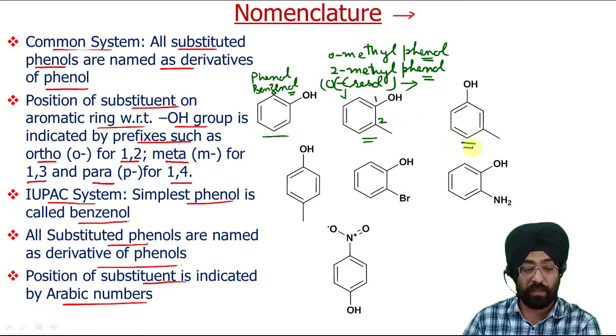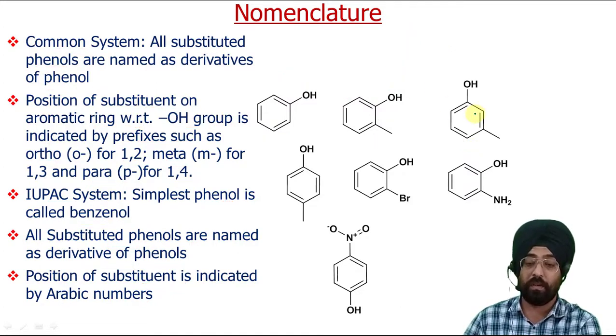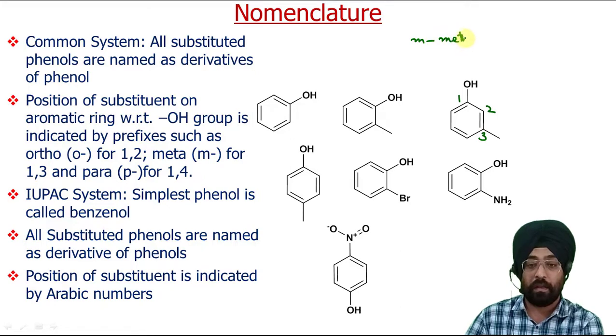Now let us move to this compound. Let us see what will be its name. I will erase all other these names. Now according to common system, now we have 1 2 3. The substituent is at third position, so we will use meta. So it is meta, we have methyl, meta methyl phenol.